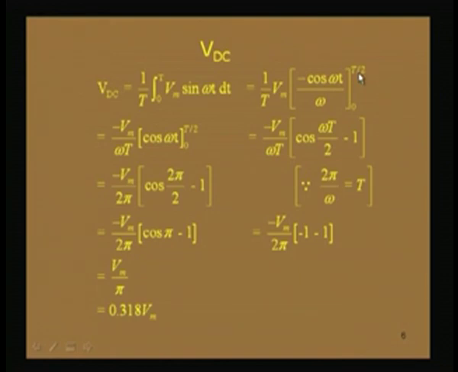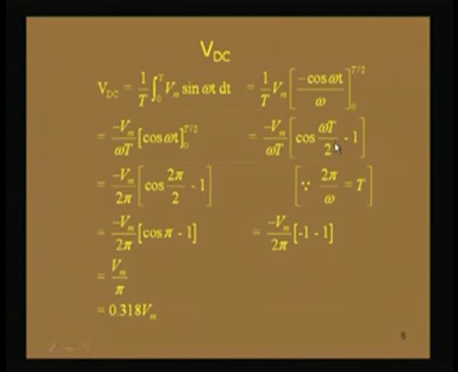So, that gives minus V m by omega T, with omega taken out, then cos omega t between the limits 0 and capital T by 2.